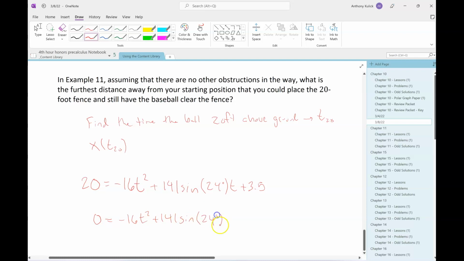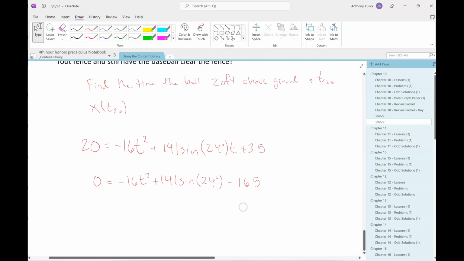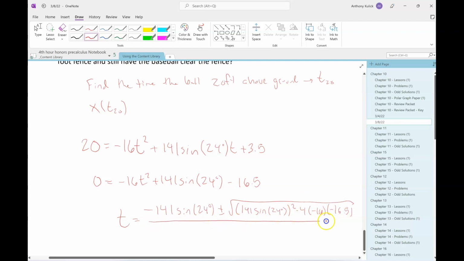It has to be equal to 0. And then we can just use the quadratic formula. So negative b plus or minus the square root of b squared minus 4 times a times c, divided by 2 times a.